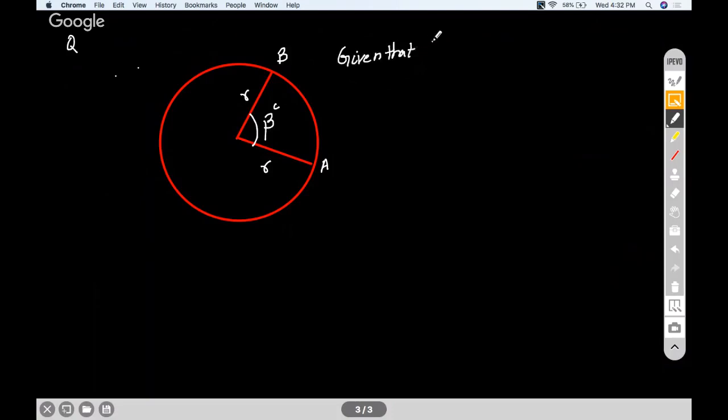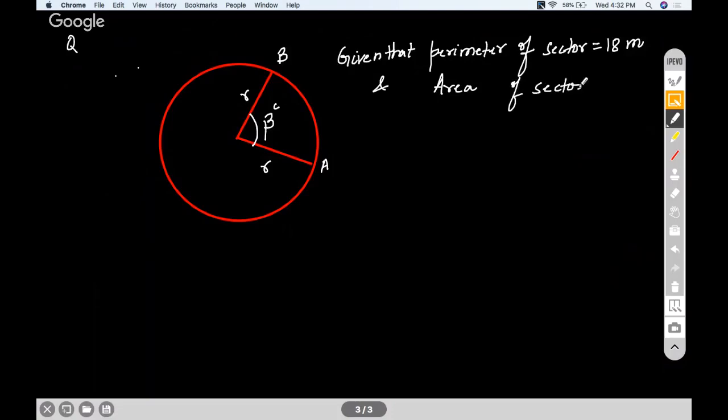It's given that the perimeter of this sector is 18 meters and the area of this sector is 8 meters square.